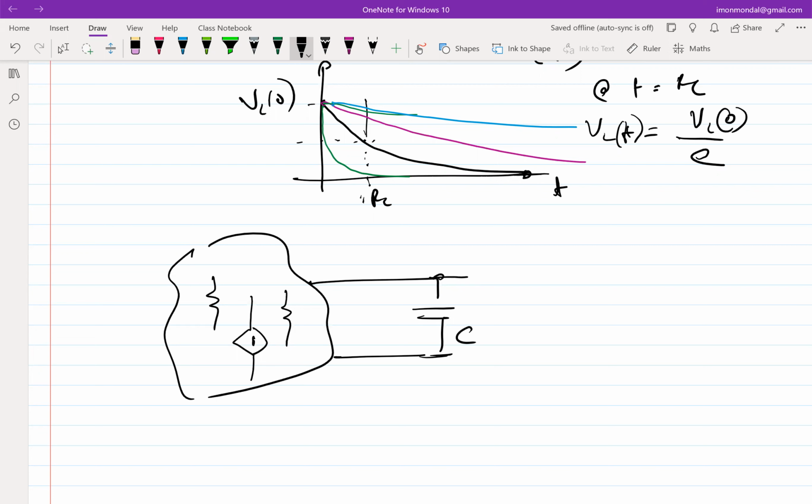All I have to do is figure out, looking in here, the Thevenin impedance. And this Thevenin impedance will be real, not imaginary, because I don't have any memory elements inside. If I also have a bunch of voltage sources and current sources, in order to figure out the time constant, what should I do?